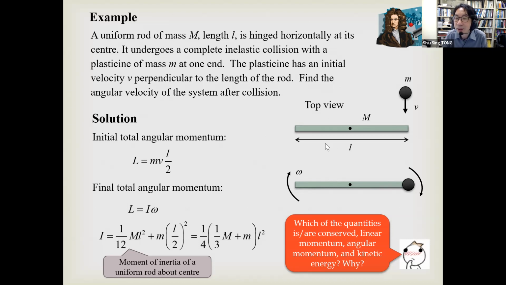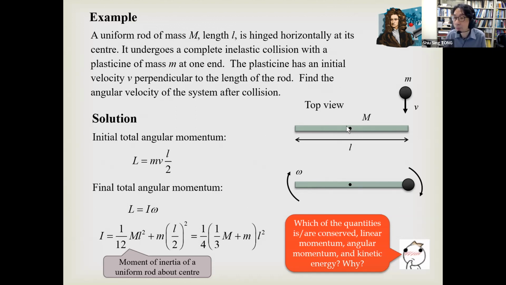So how about the linear momentum? Do you know the answer? The linear momentum is not conserved because of the external force from the table. Whenever there is external force, linear momentum will not be conserved.